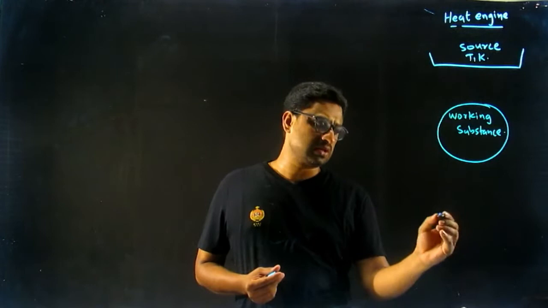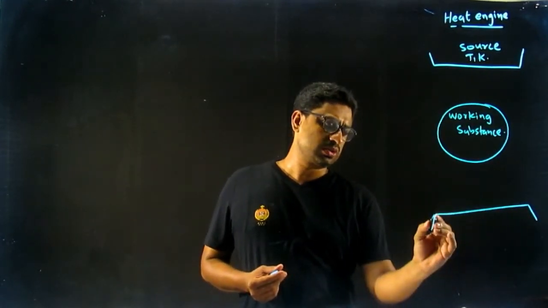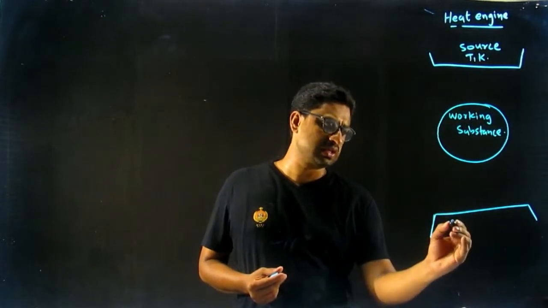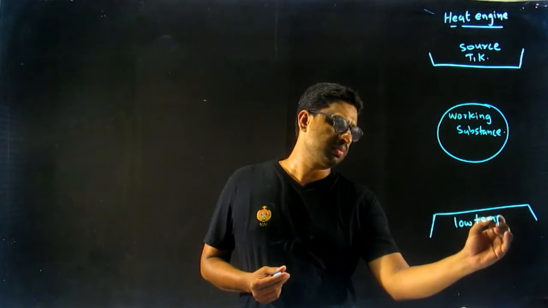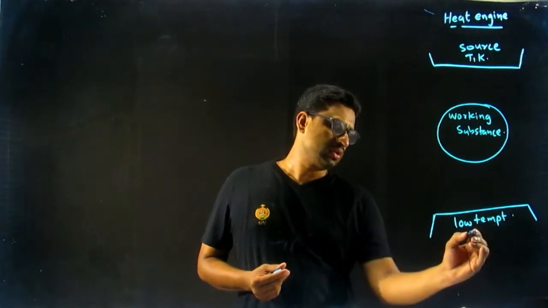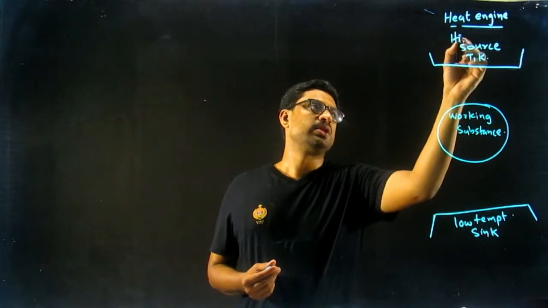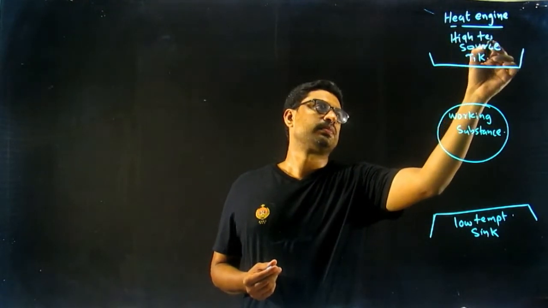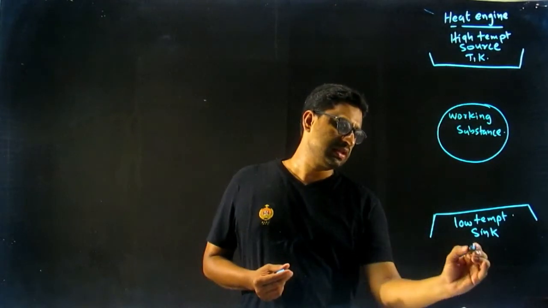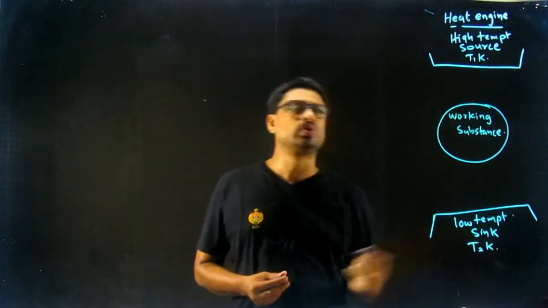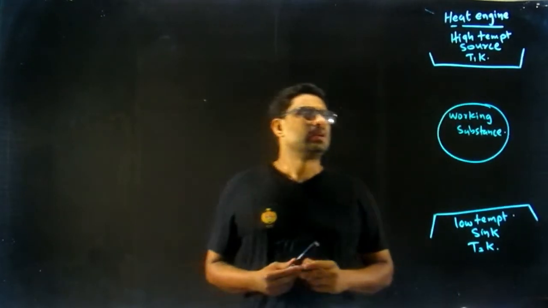The rest of the heat is to be given out to a low temperature region, and that is known as a sink. Previously it was a high temperature region. The high temperature region was the source and the low temperature region is the sink. Let it be at T2 Kelvin, right?